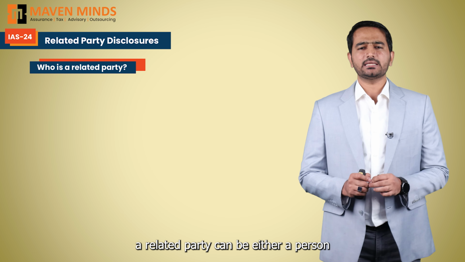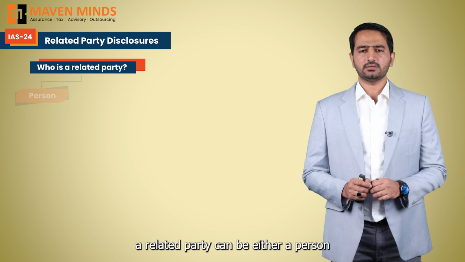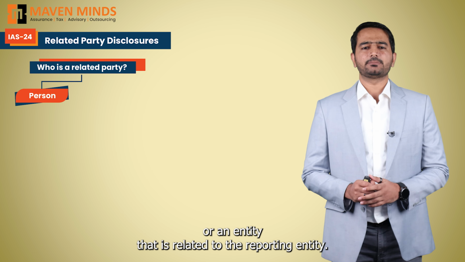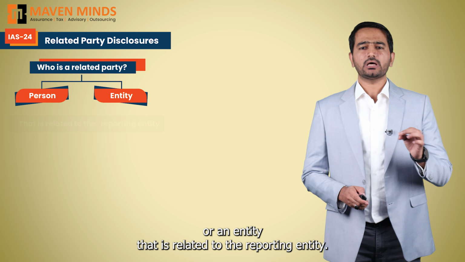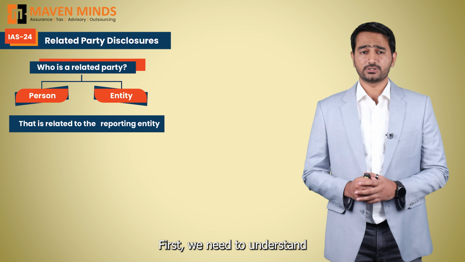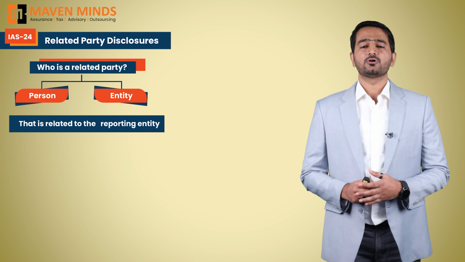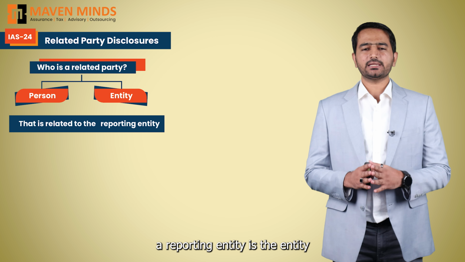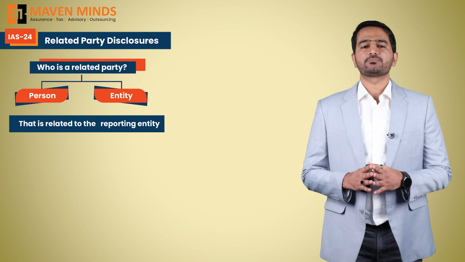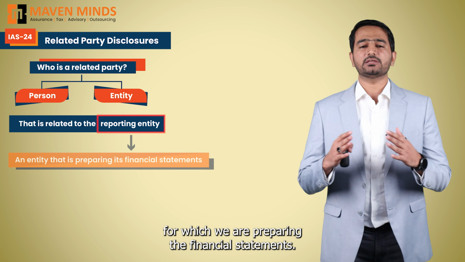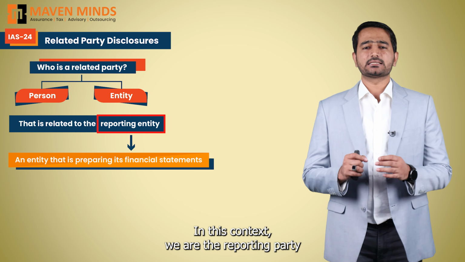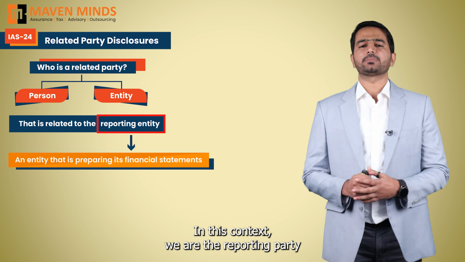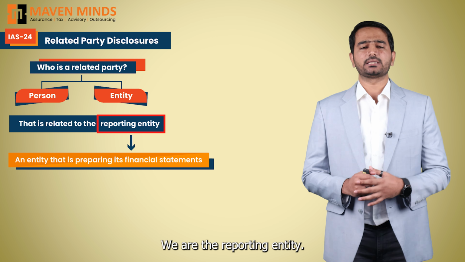A related party can be either a person or an entity that is related to the reporting entity. First, we need to understand what a reporting entity is. A reporting entity is the entity for which we are preparing the financial statements. In this context, we are the reporting party. We are the reporting entity.